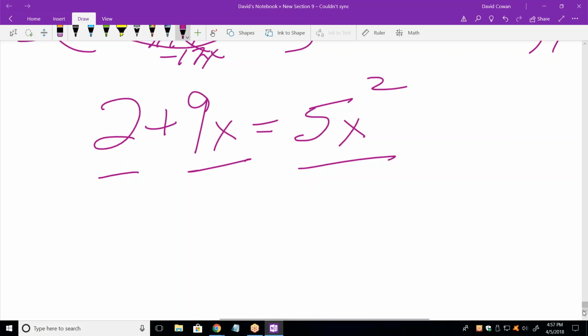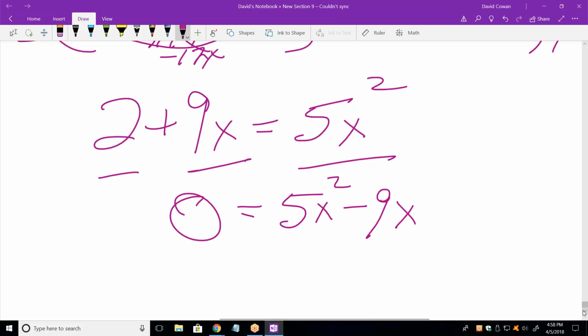It's very difficult to factor negative coefficients. So I'm not going to move the 5x squared to the left. I'm going to move the other two to the right. And what that does is preserve that positive coefficient, which is going to make this easier to factor.